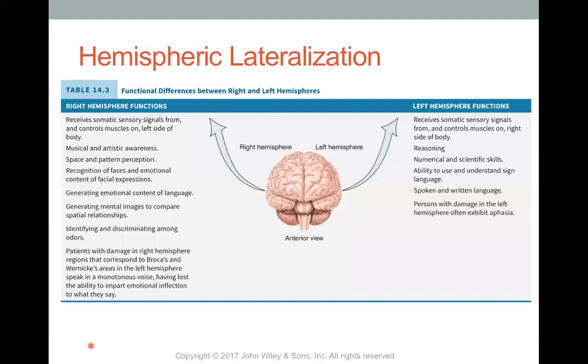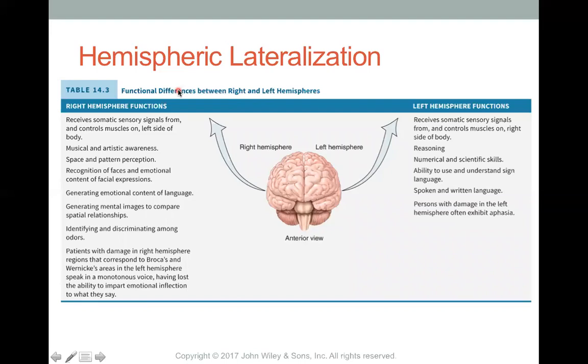Next is hemispheric lateralization. So remember we've said that you have a right hemisphere and a left hemisphere. So this table just gives you some of the functional differences between the right and the left hemispheres. The two hemispheres of the cerebrum are not bilaterally symmetrical, either anatomically or in their functionality. And so with the functional asymmetry, this is what we call hemispheric lateralization.